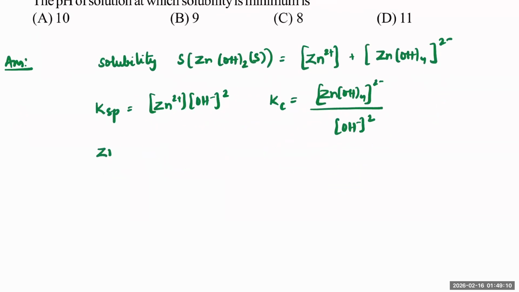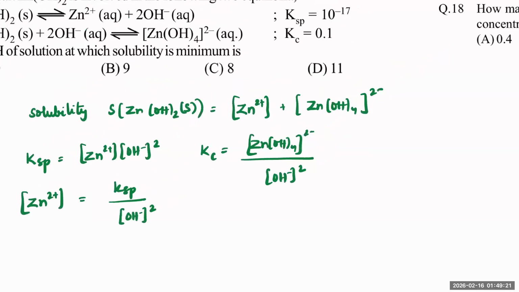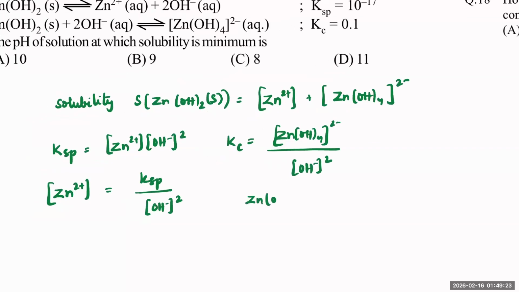So from here I can say Zn2+ concentration is equal to Ksp divided by OH- whole square. And in the second case, Zn(OH)4 2- can be written as Kc into OH- square.